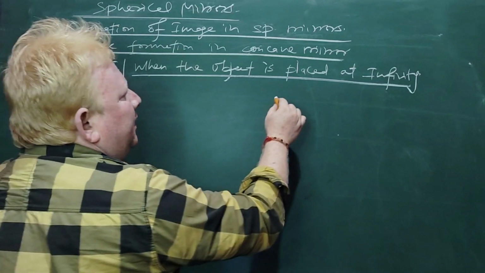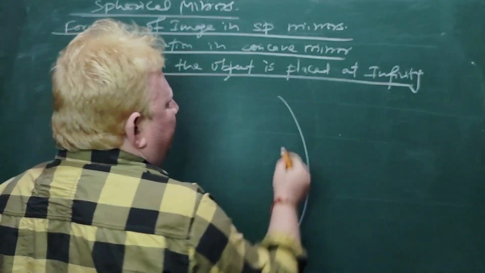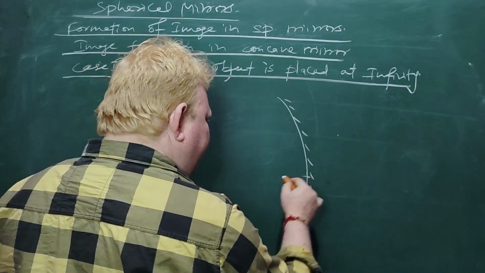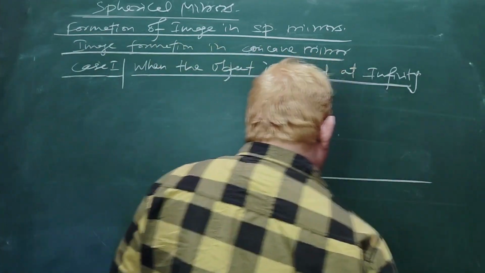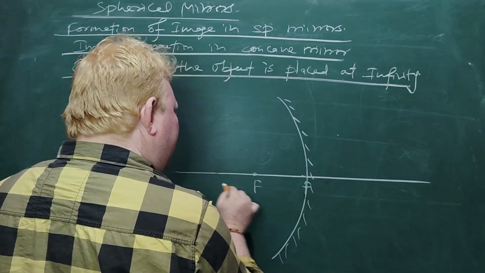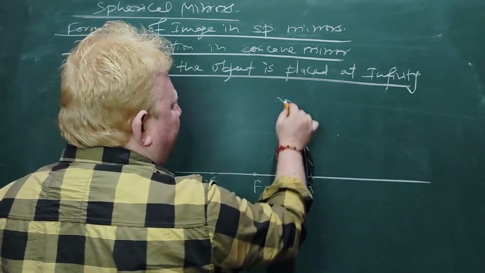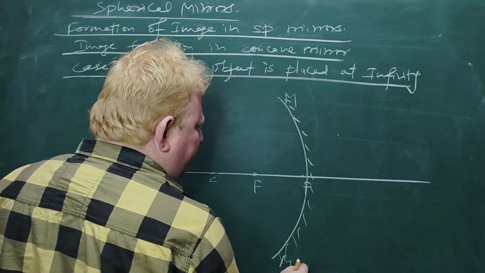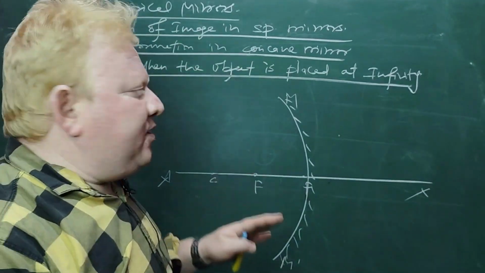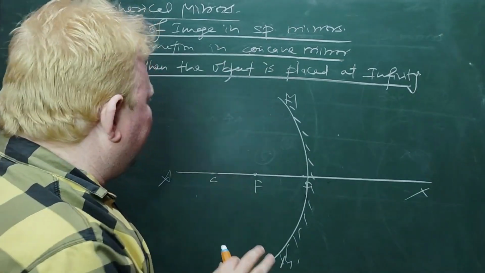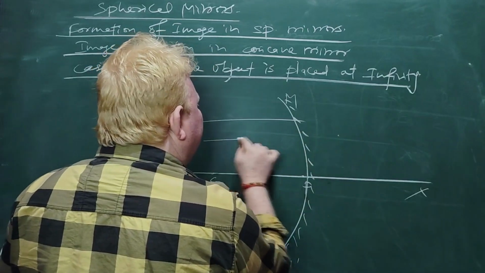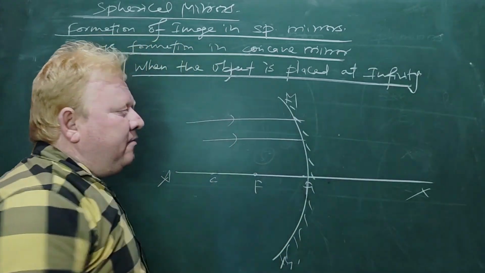See, suppose this is the concave mirror. Listen carefully, it is very important. This is the pole, this is the focus, and this is the center of curvature, X X dash. Let us consider an object placed at infinity. Light rays coming from infinity are assumed to be parallel to the principal axis, parallel to themselves.